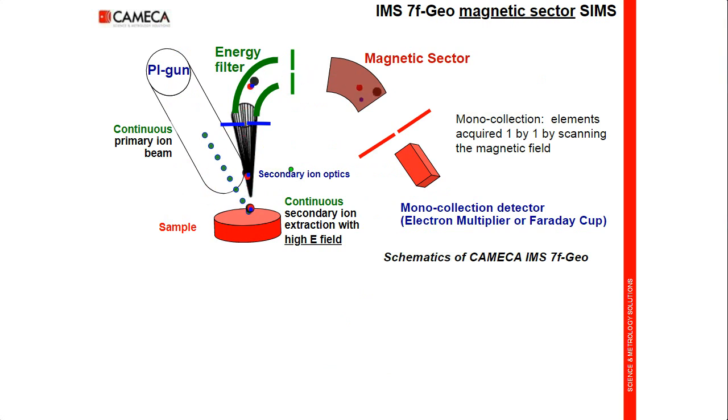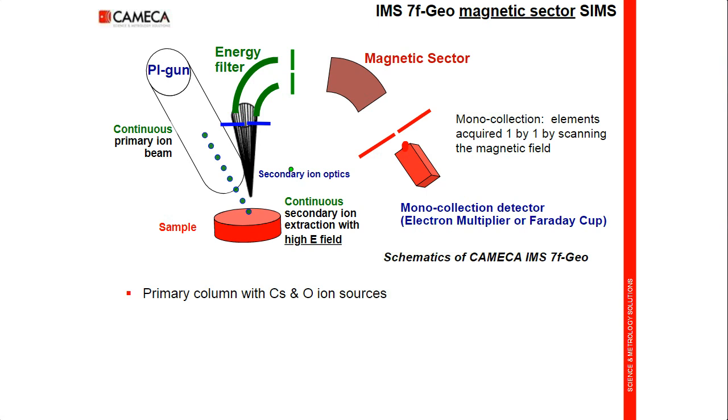Magnetic sector SIMS instruments provide the best performance for dynamic SIMS analysis. This sketch shows the operating mode of a magnetic sector SIMS instrument, the CAMECA IMS 7f-GEO. There is a primary column with 2 ion sources, an oxygen ion source that enhances the ionization of electropositive species, and a cesium ion source that enhances the ionization of electronegative species.